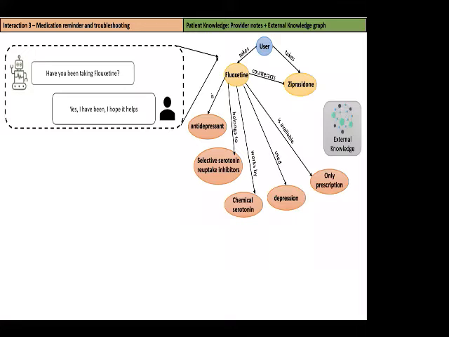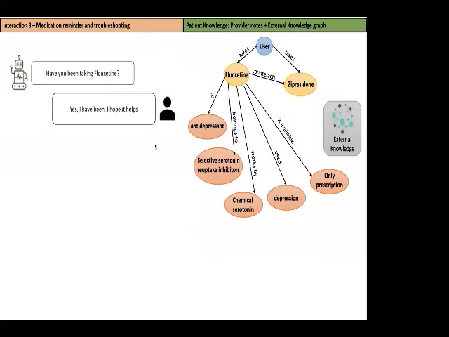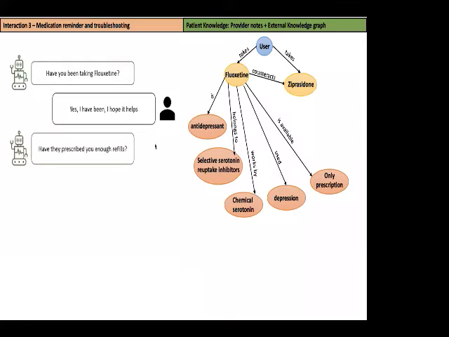And very importantly, what are its counteracting medications? So you see here that the bot is intelligent enough to ask if they've been provided with refills, because it sees that fluoxetine is available only by prescription.